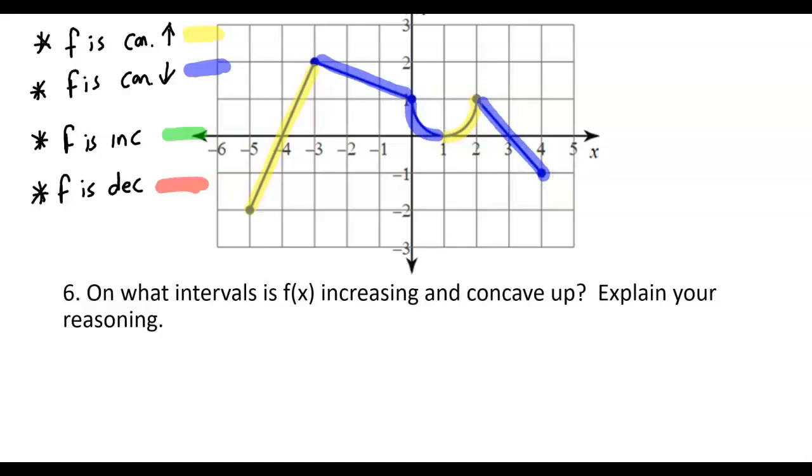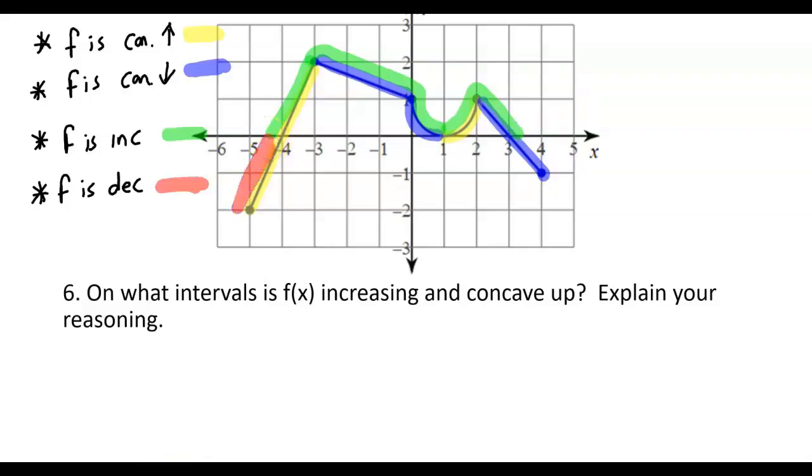We've determined that F is increasing anytime it's above the x-axis. Which is that entire region there. And finally, we've determined that F is decreasing anytime it's below the x-axis.